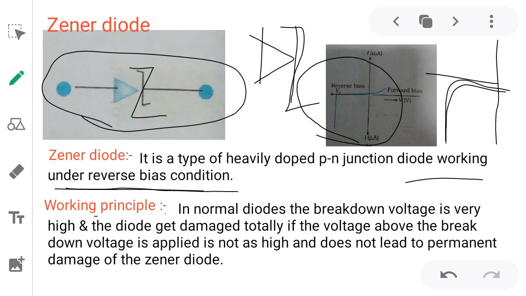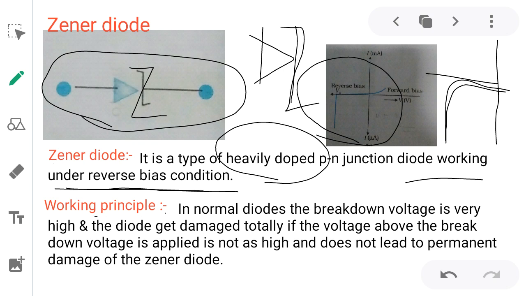Another point, why is the doping concentration more? Why do we use the doping? To get more current. How do we get more current? Because of more number of charge carriers. How does the charge carrier concentration increase? With the help of doping.